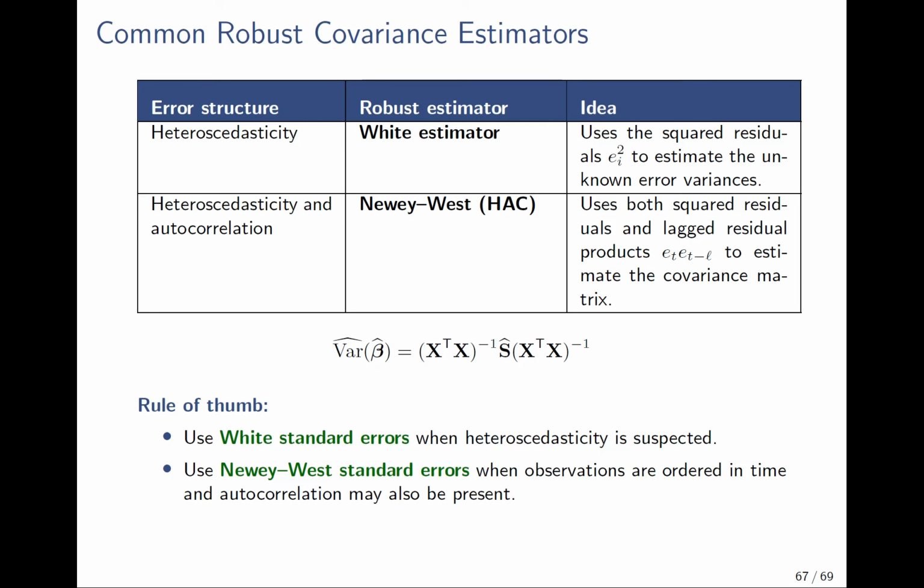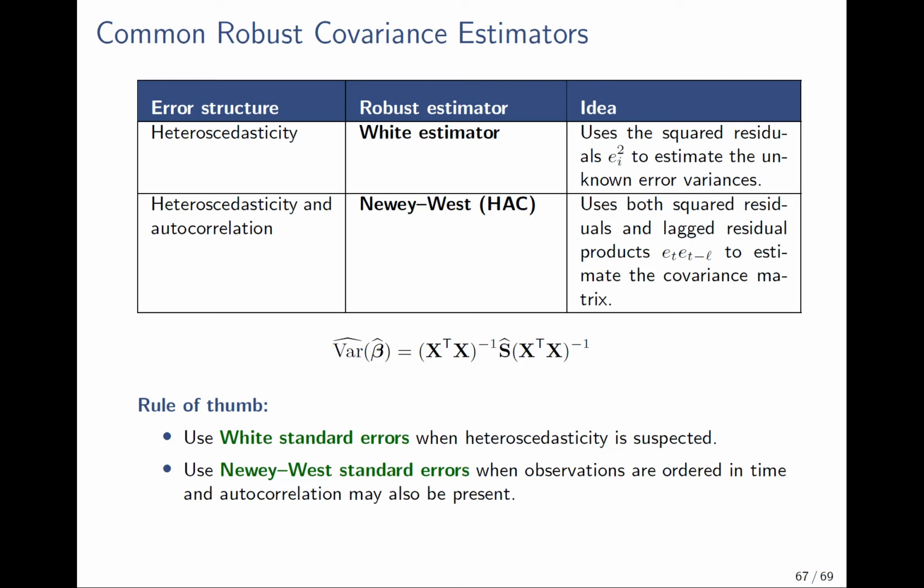The idea is that we use the squared residuals, e_i squared, to estimate unknown error variances, replacing each unobserved sigma squared i with the corresponding squared residual. That gives us a consistent estimator of the problematic middle part of the sandwich. And note that if the squared residuals happen to be roughly constant across observations, the White estimator is just going to reproduce the standard OLS standard errors.